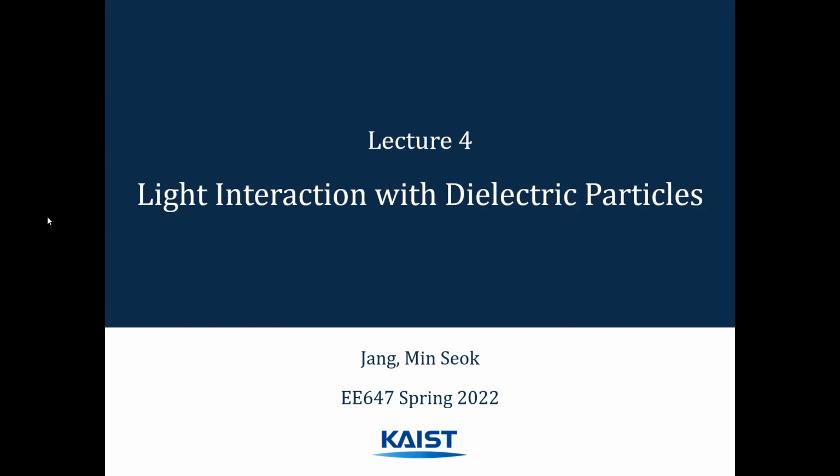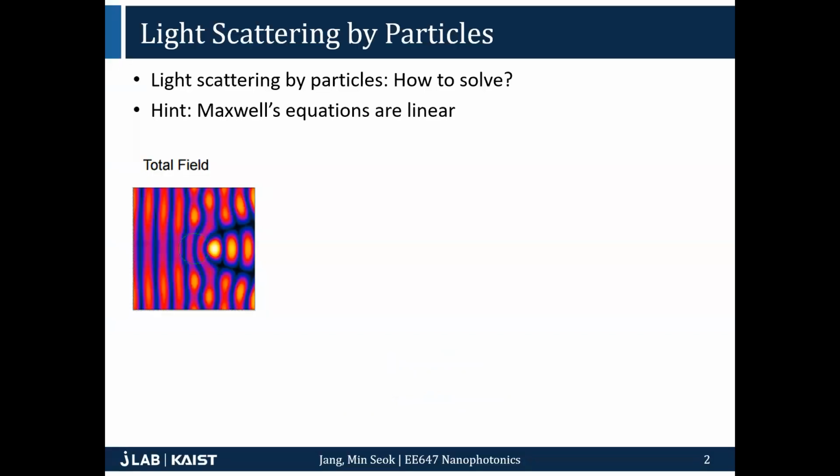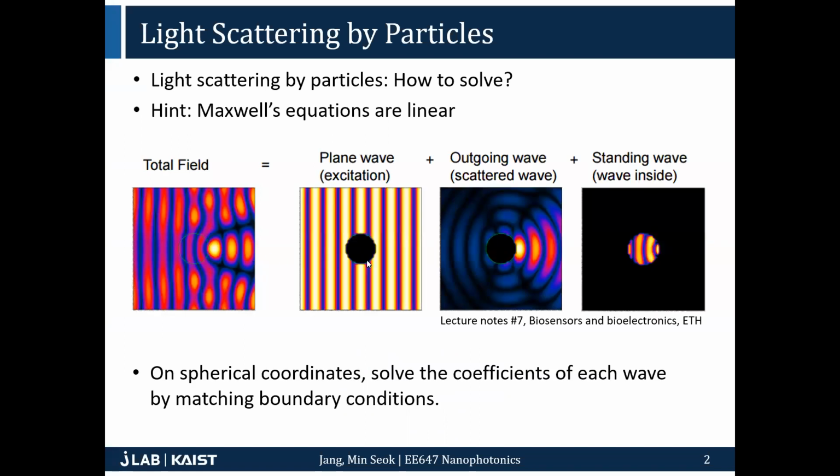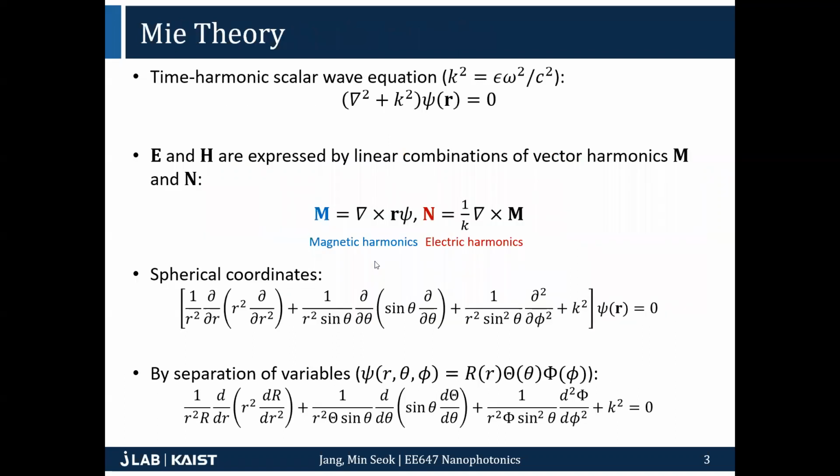Last time we started to learn about the light interaction with dielectric particles. So what that means is that we wanted to describe the behavior of scattering by small dielectric particles, and if the particle is a perfect sphere, then we can obtain the exact solution of this scattering phenomenon.